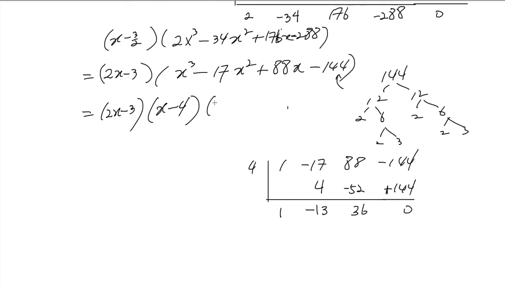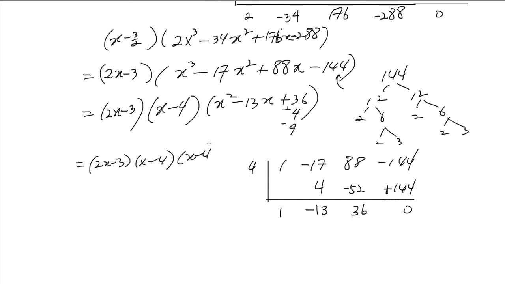So we get x squared minus 13x plus 36. And actually this is now trinomial factoring. That works again. So we get 2x minus 3, x minus 4, another x minus 4, and x minus 9.